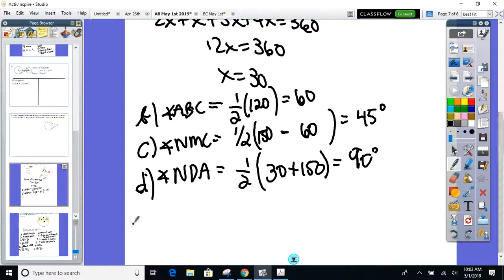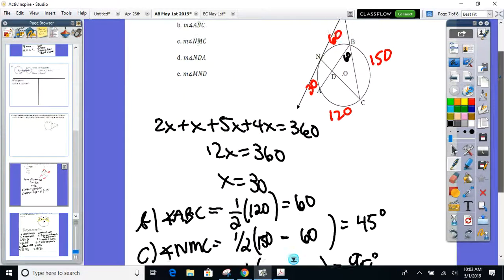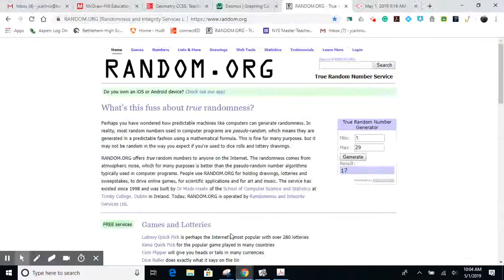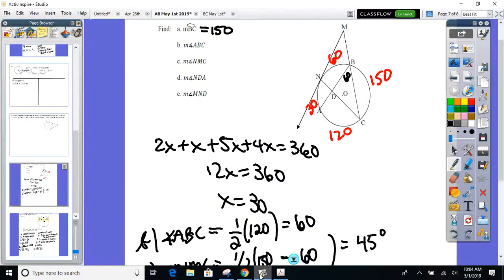Angle MND. This is probably going to be a crazy one. Inside or outside? It's not inside, it's not outside. It's a tweener.